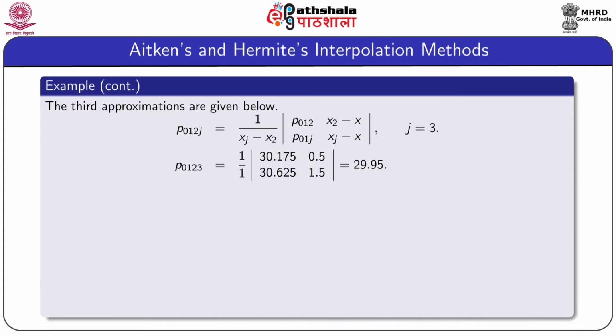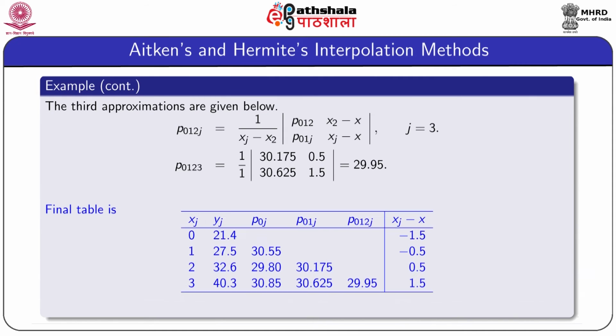So, for j equal to 3, this formula becomes p 0 1 2 3 equals 1 by 1, because the value of x 3 minus x 2 is 1, and the value of p 0 1 2 is 30.175 and the value of p 0 1 3 is equal to 30.625, and the second column is 0.5 and 1.5. Again after simplification, the value of p 0 1 2 3 is equal to 29.95.